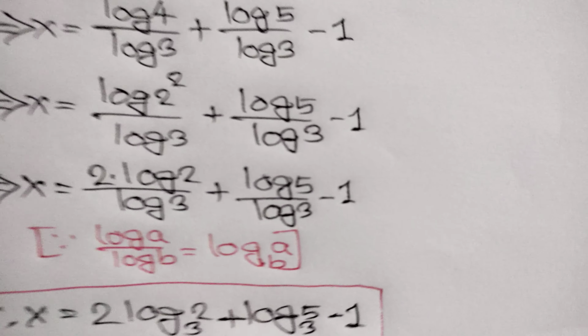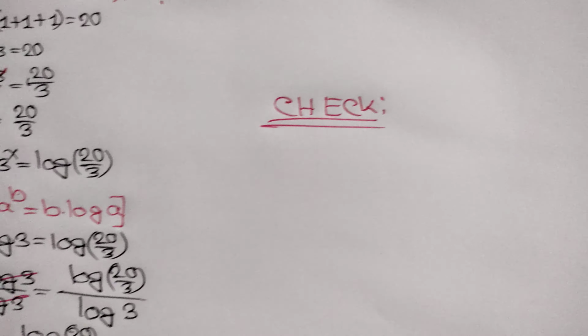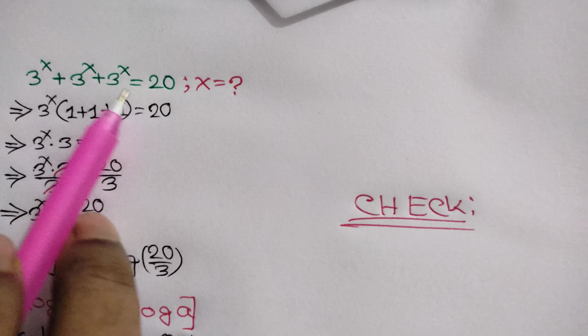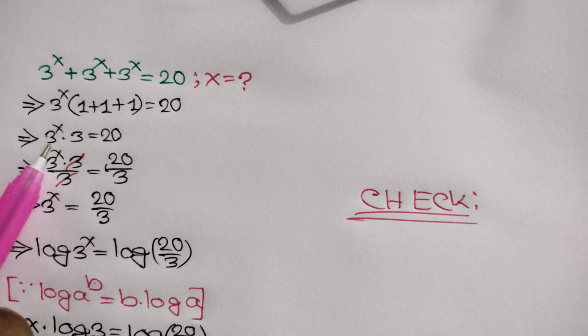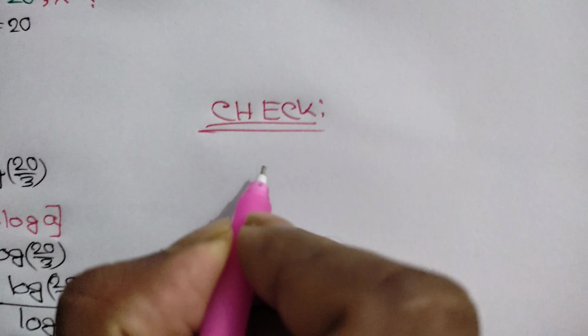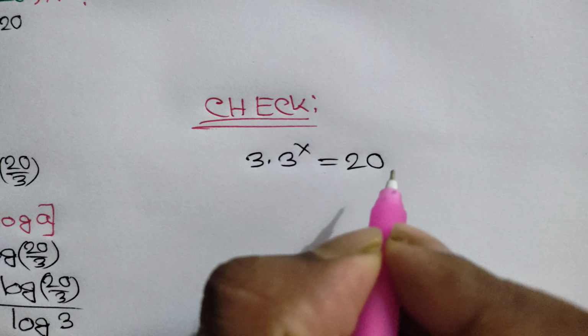Now check this answer. Our question has given 3 to the power x plus 3 to the power x plus 3 to the power x is equal to 20. So we can write here 3 to the power x times 3 is equal to 20. Okay. So we can write here 3 times 3 to the power x is equal to 20.